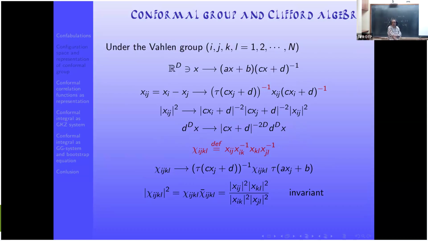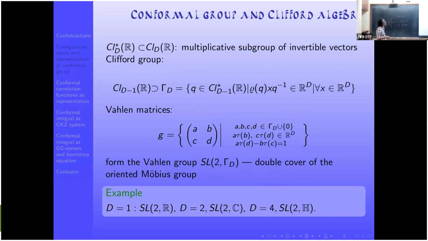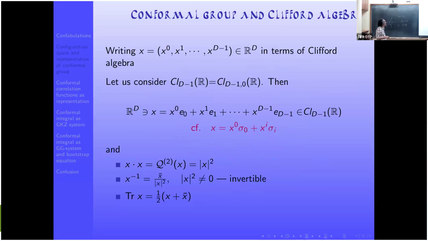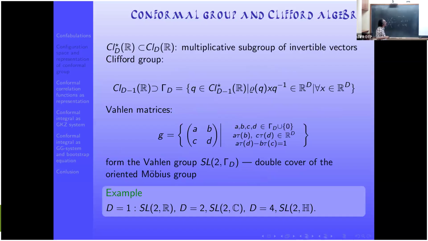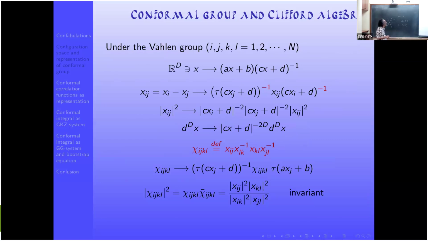Some generalization of Mobius transformations, but for your Clifford algebra. Yes, for R^D, for R^{p,q} actually. R^D was rewritten in terms of Clifford algebra elements, and then I have something called the Clifford group. Then it's exactly the same way that I make a transformation: X goes to this.